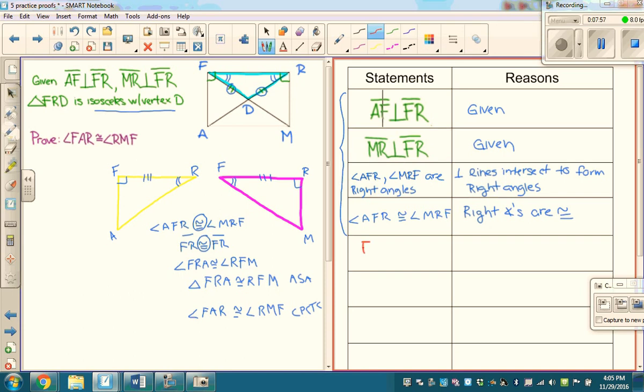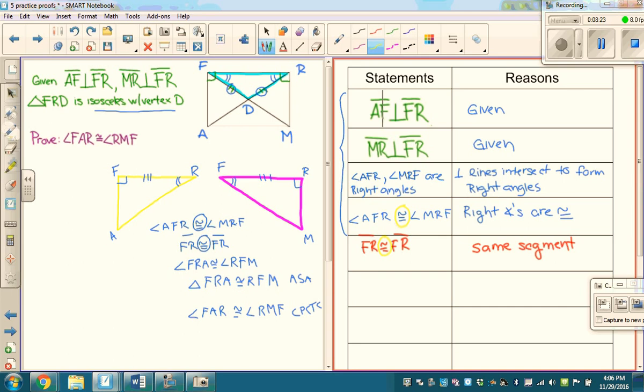Like FR is congruent to FR. So that's the same segment property. And now I have two of the three pieces of my angle side angle.